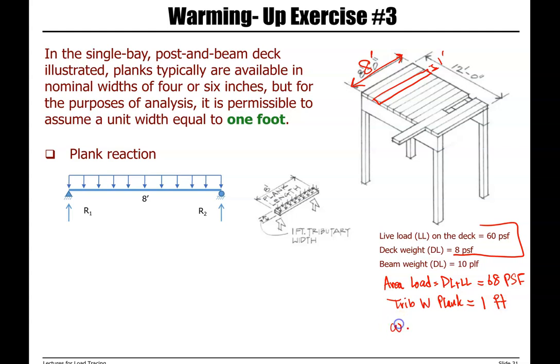So the load on the plank is equal to area load times tributary width, which is equal to 68 pound per square foot times 1 foot, which gives us 68 pound per foot.